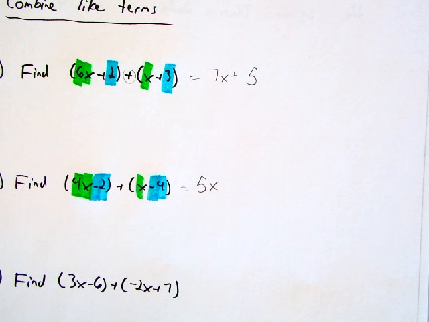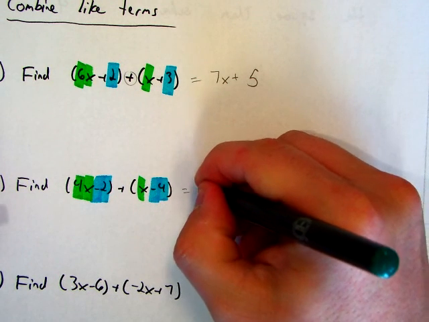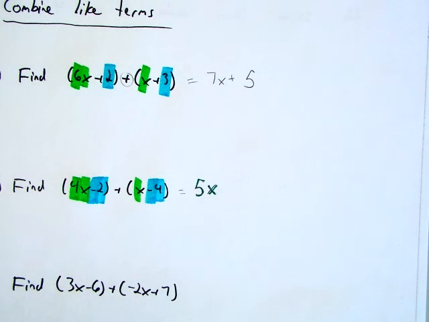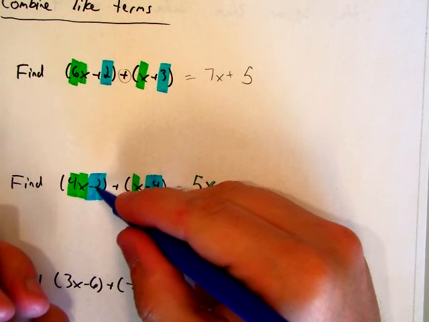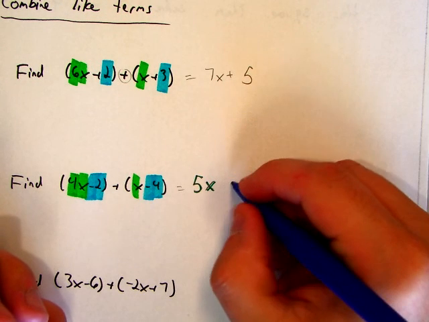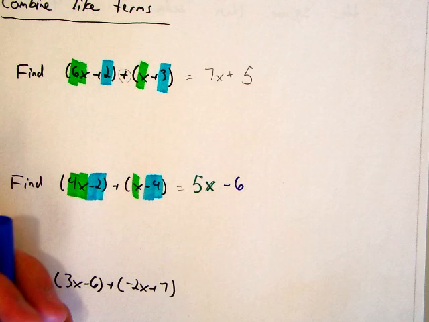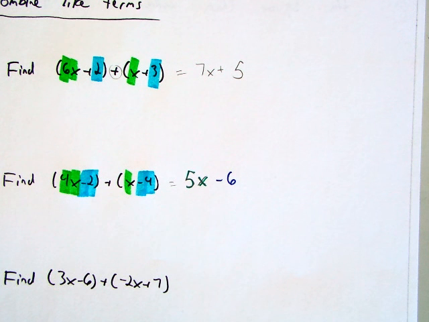Let's actually get some different colors here. Use actual green and blue. Now, -2 plus -4, that's a -6. So this becomes 5x minus 6.